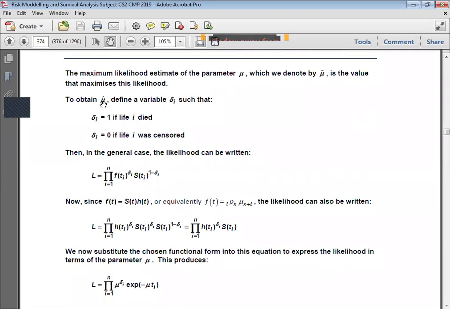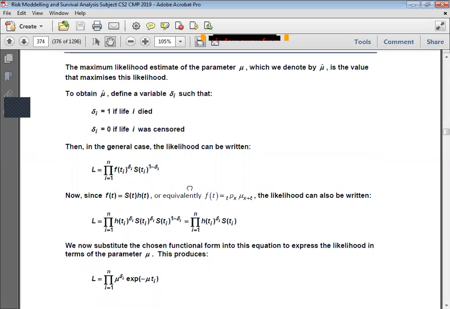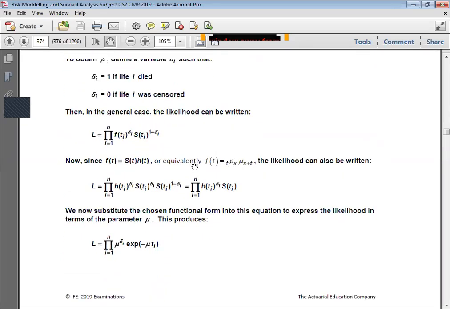To obtain mu hat, I'm defining some variable delta i, and that will take the value 1 if the life is dead and 0 if the life got censored. So f of t_i is raised to delta i to denote the lives that died and the probability by which they are expected to be dead, and here the probability for getting censored is raised to 1 minus delta i.